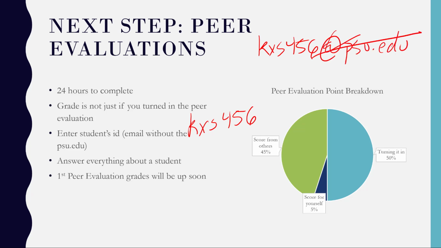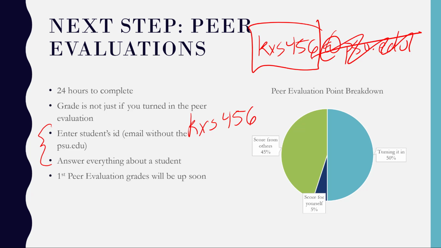So not this; this is what I want, okay? And also make sure you answer everything about the student: how well they communicated, how hard they worked on the project, all that sort of thing. As a heads up, if you're not doing these things, you will get points taken off.